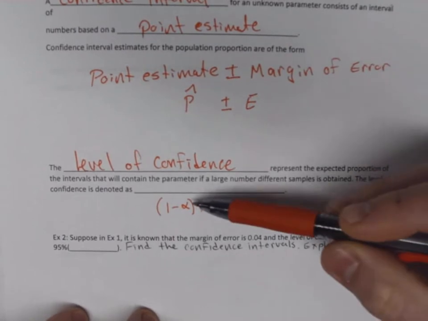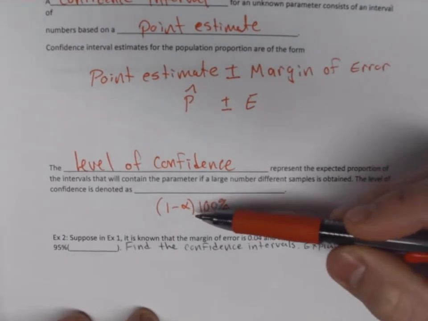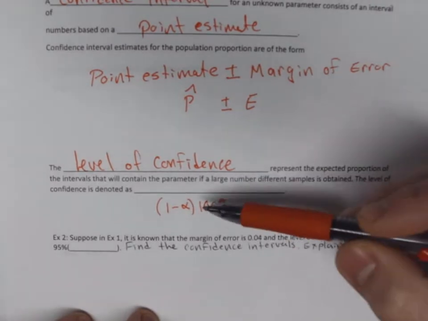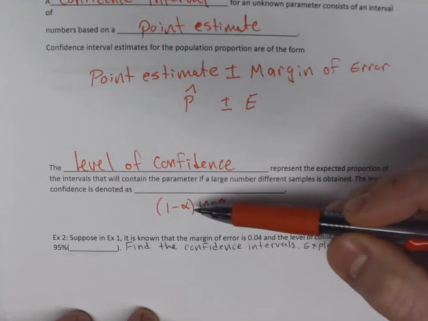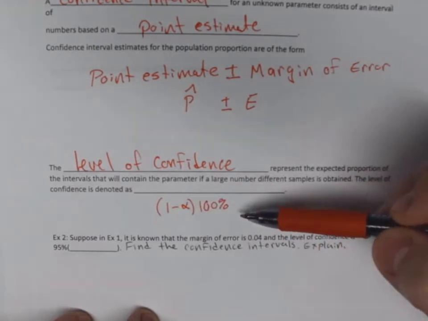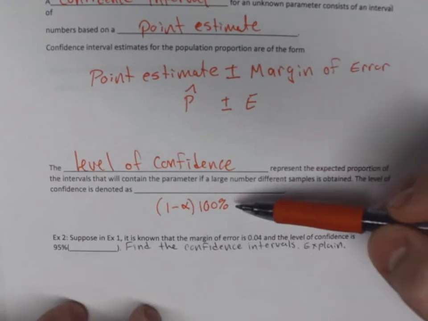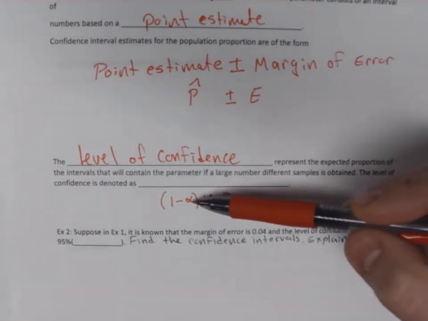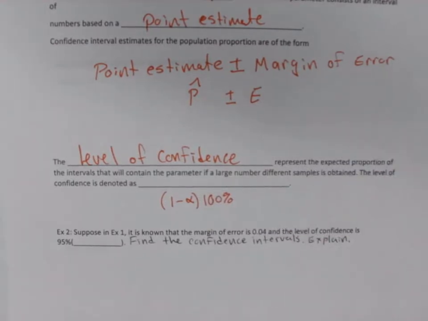Meaning, if alpha is 0.05, you plug 0.05 in here and you get a 95% confidence interval, or level of confidence, excuse me. If alpha is 10%, 0.1, you plug it in here and that gets you 0.9, so that would be 90% level of confidence. So this is just a concise way of identifying what alpha is, and we'll see some more of that here in a little while.